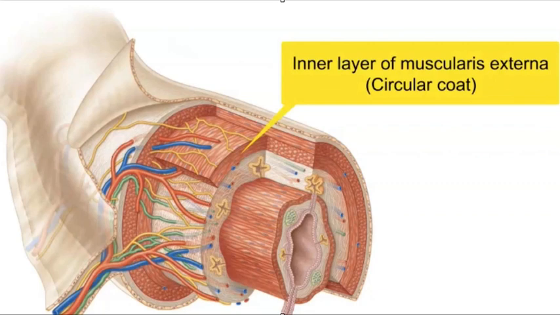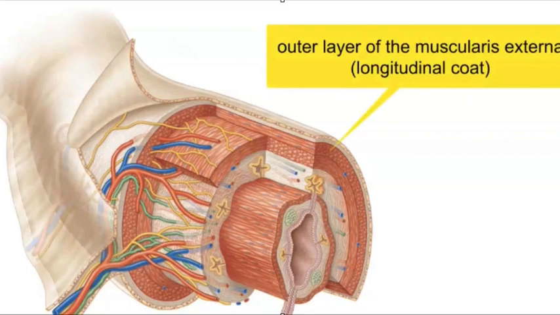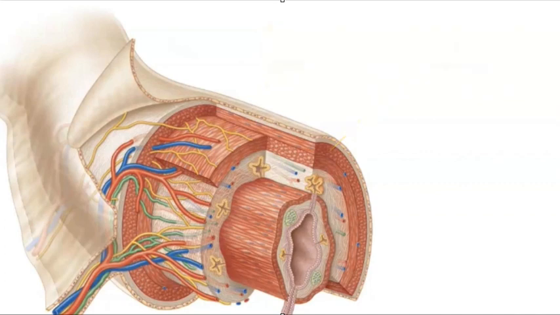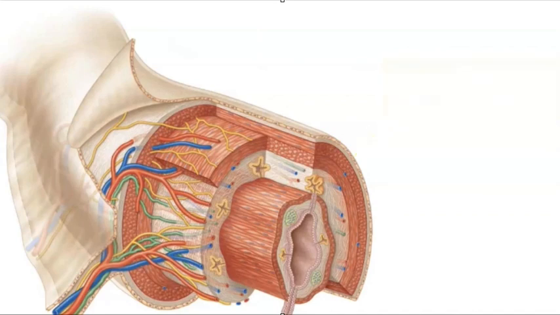Then we have the muscularis externa, the inner layer formed by circular smooth muscle, and the outer layer arranged in a longitudinal fashion. The outermost is the serosa, the visceral peritoneum, which is only for intraperitoneal organs.